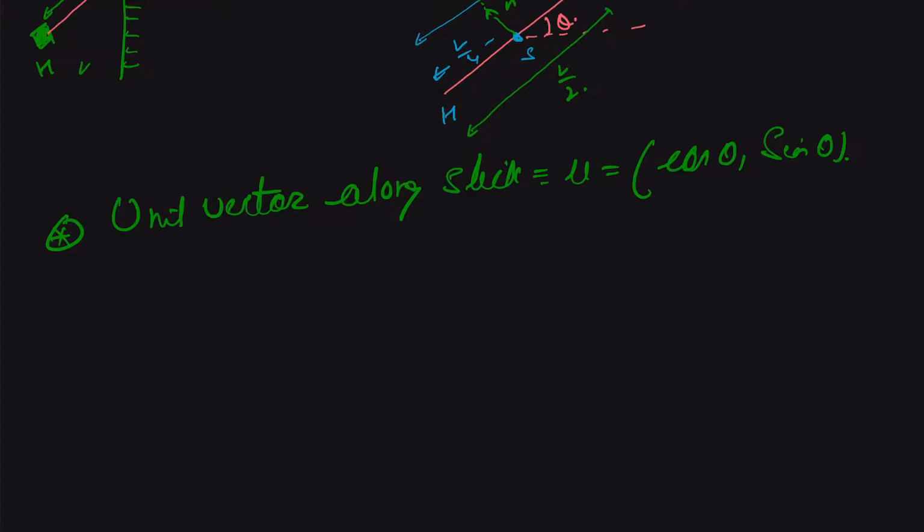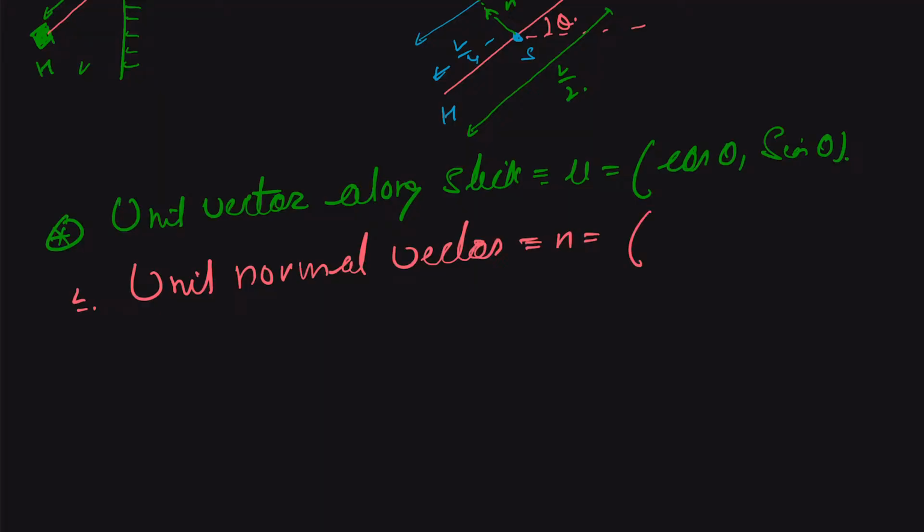And we have a unit normal vector, which we consider as N, and because it is normal, this will be minus sine of theta and cos of theta.